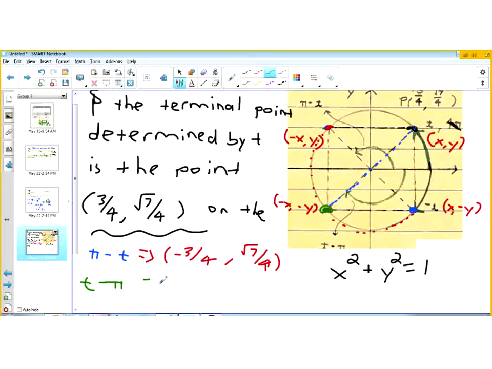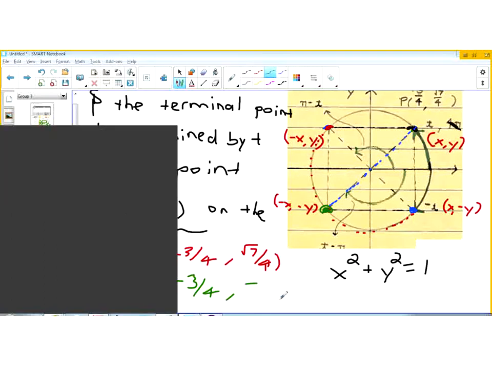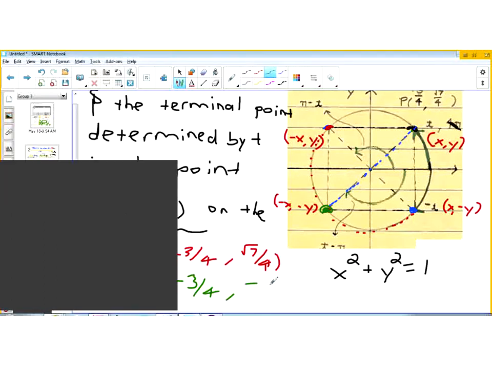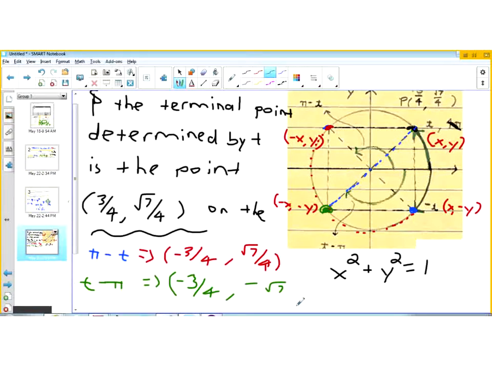And so by symmetry then, we'll readily see that its coordinates are minus 3/4, minus the square root of 7 over 4. So that would be for t minus pi. I'm hoping you see how this works.